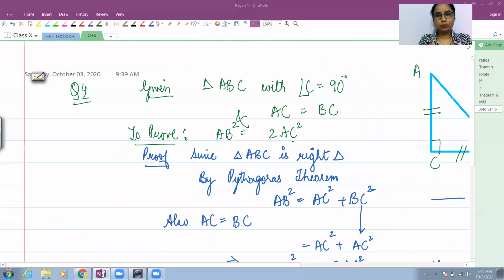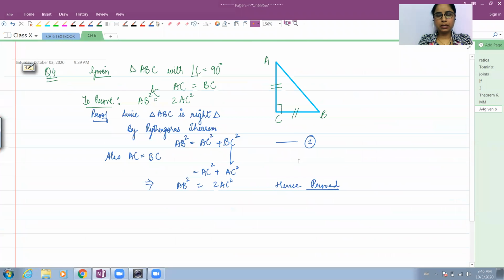Okay, let's write down the proof for this one. And I'm going to do it right below this question so that you can compare. Or let's do it on the side here, if that suffices.